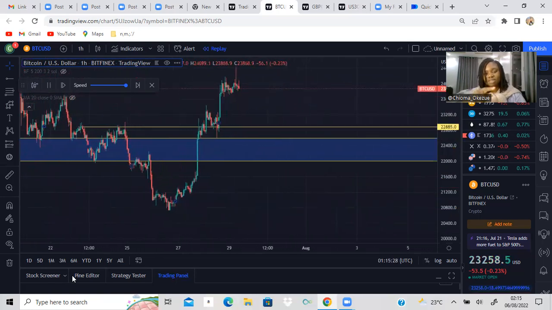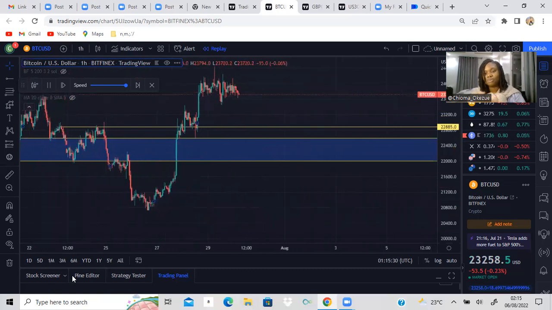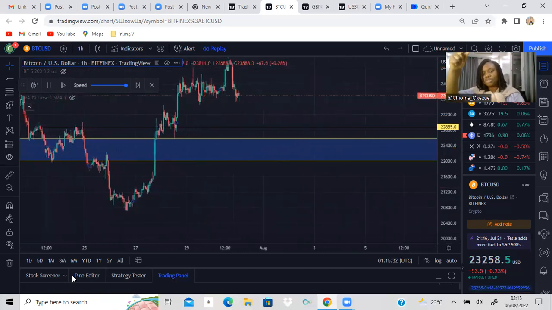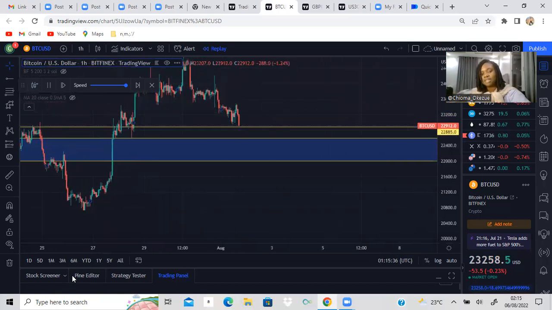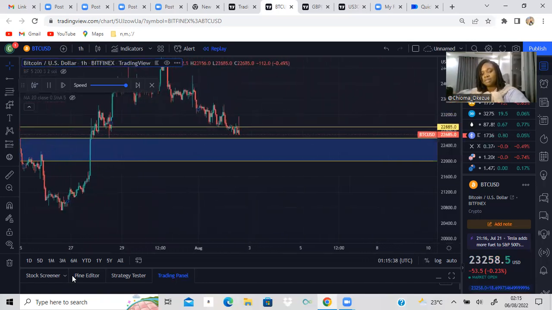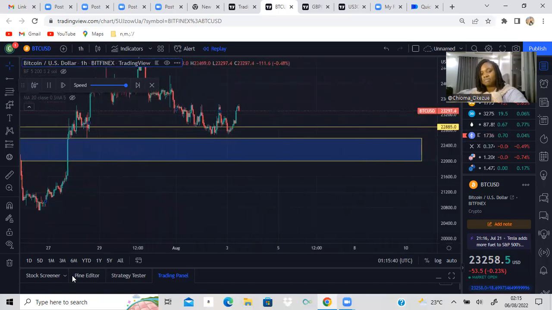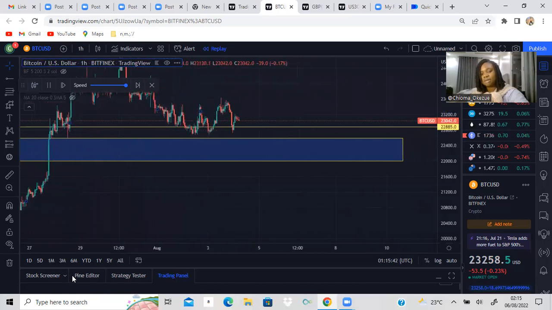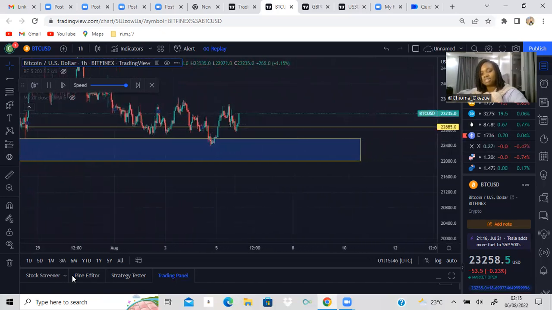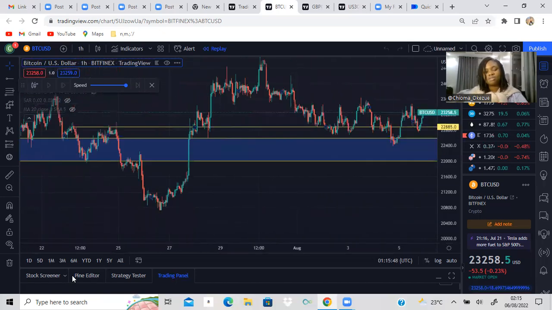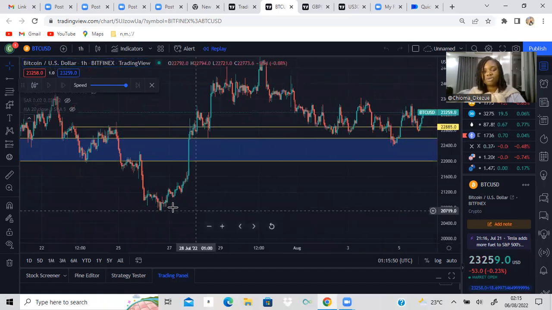Now this was the break of structure we were waiting for. It broke the structure on the opposite side. And then guess what? It retested there and gave us a buy. Retest again, gave us a buy. Retest again, that's the zone, guys. It gave us a buy. This was a good retest. So that is how you know.